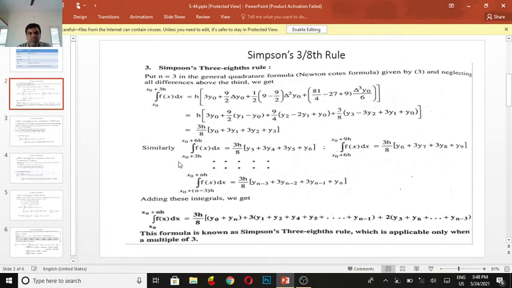Similarly, if we change the interval, the next width should also be 3.